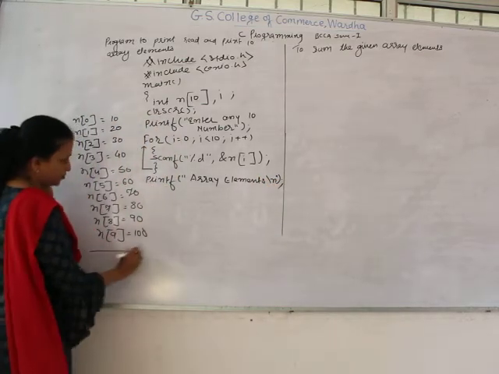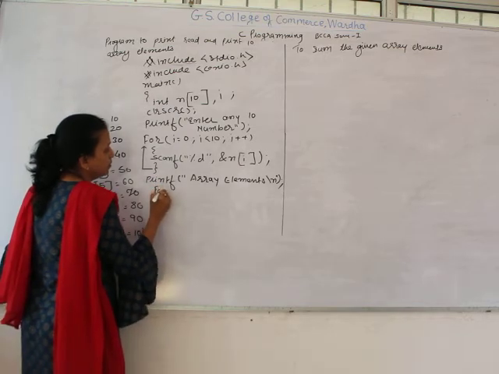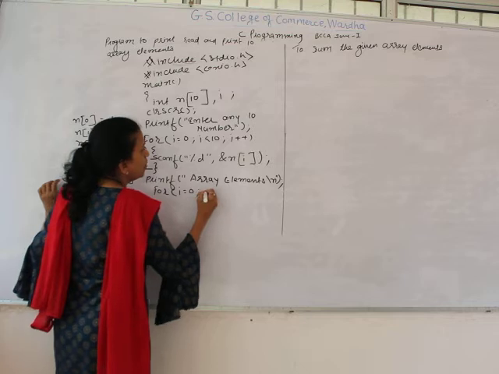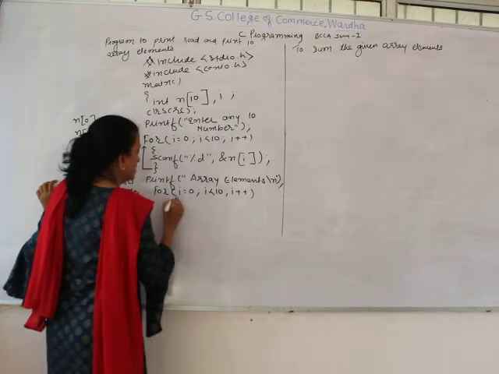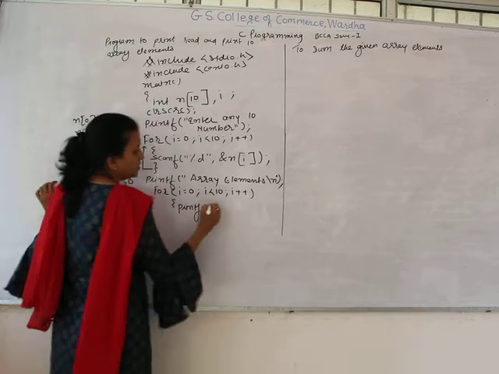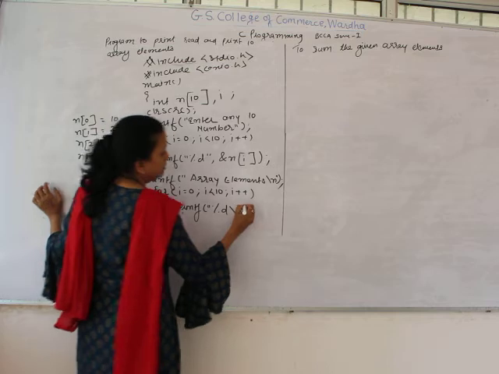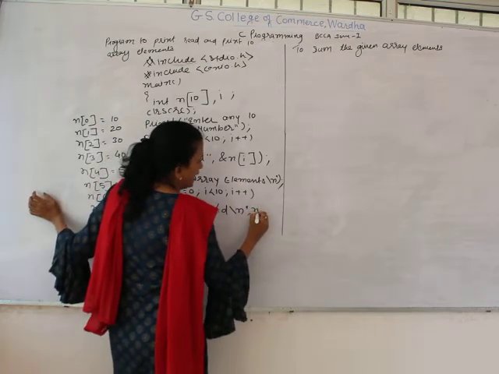So this message will print here, and after that if you want to print the values, again we set the for loop i = 0; i < 10; i++. Again printf, here "%d\n", comma, n[i].